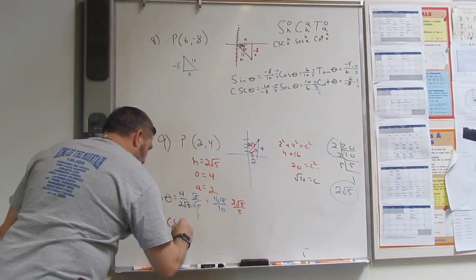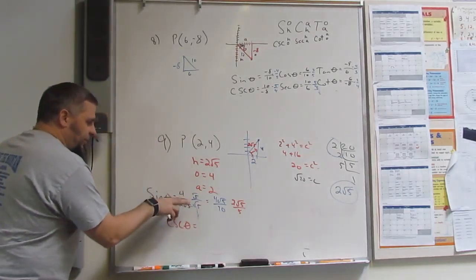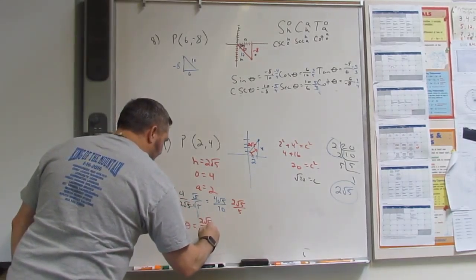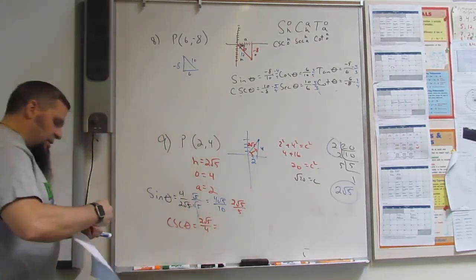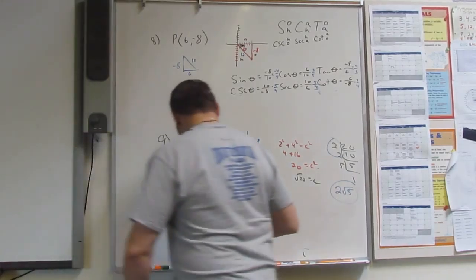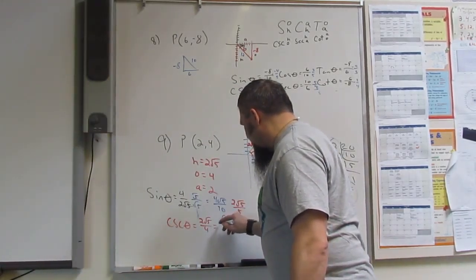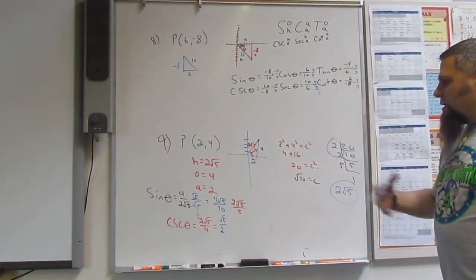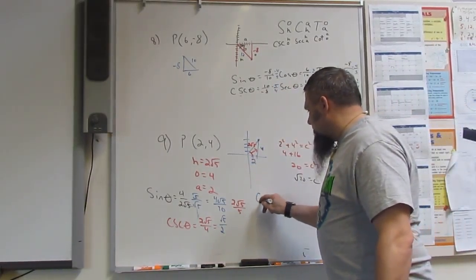Hey, cosecant. I can just take these first ones and flip them. So I have 2 square roots of 5 over 4. So that equals what? Isn't that just the square root of 5 over 2? Right? Now we move to the cosine.